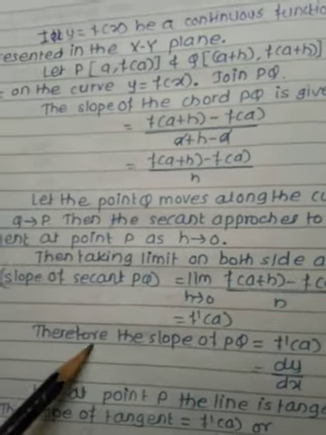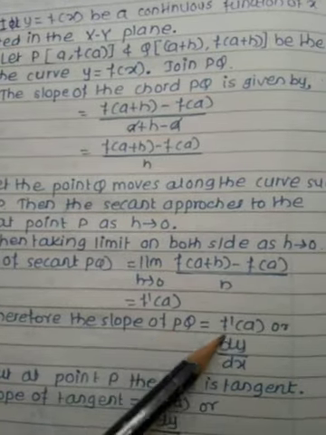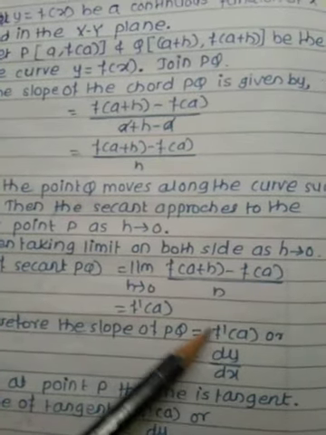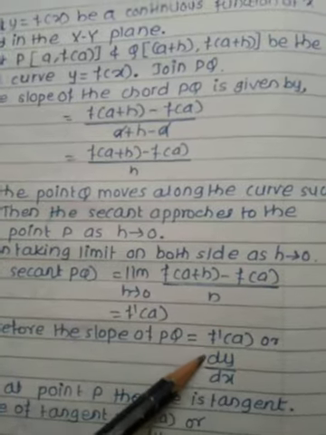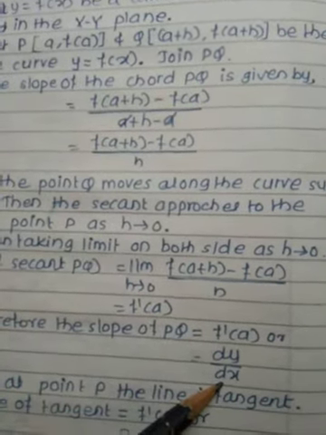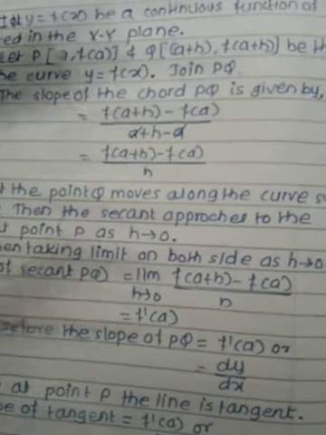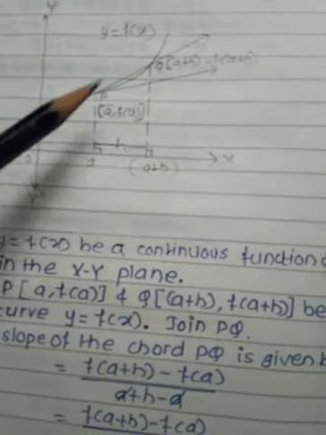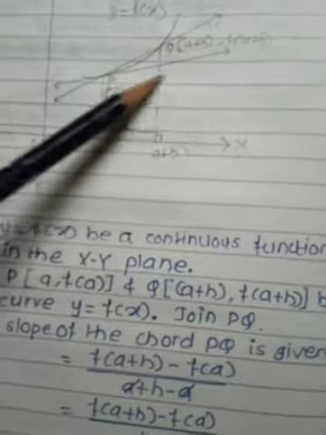So the slope is f dash a, and for y equal to f of x, this is the derivative dy upon dx. When q approaches p, the secant is converted into the tangent.